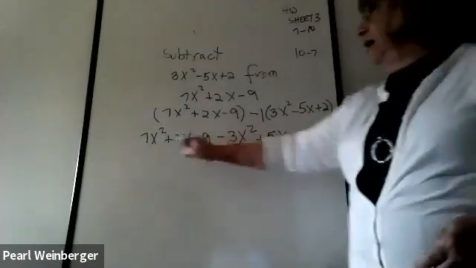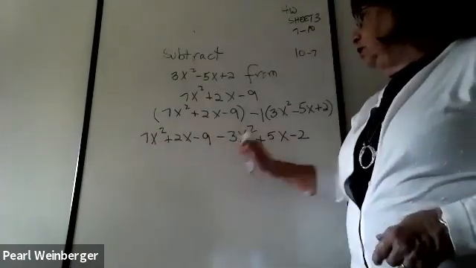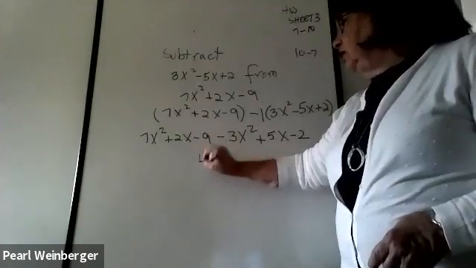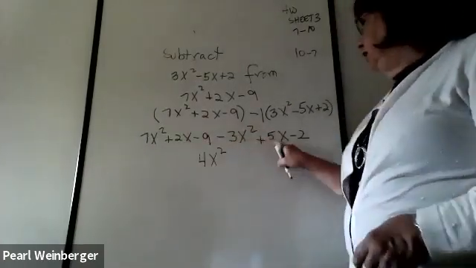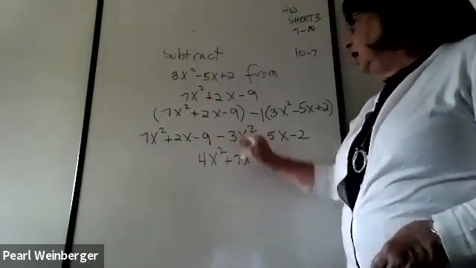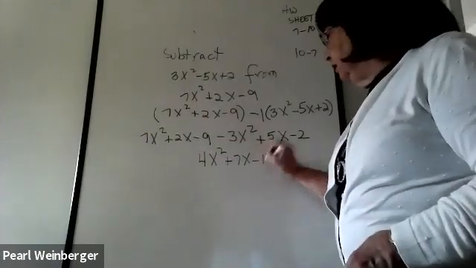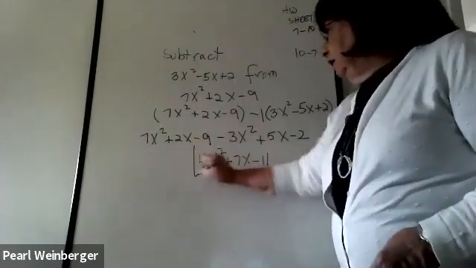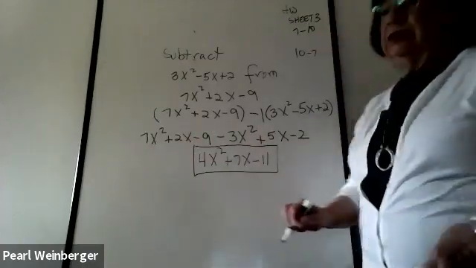Okay, now combine the like terms. 7x squared and negative 3x squared is 4x squared. 2x plus 5x is plus 7x. And negative 9 minus 2 is minus 11. Your answer should have been 4x squared plus 7x minus 11.